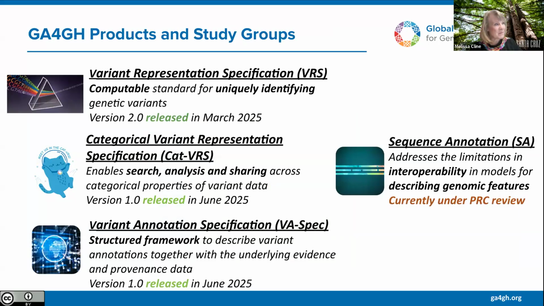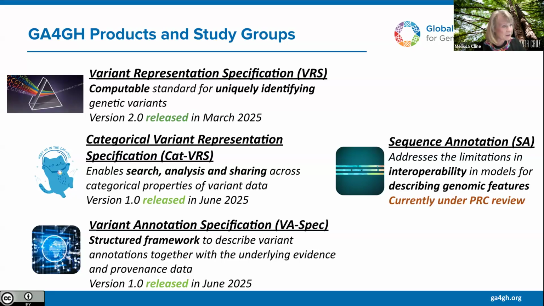The Variant Representation Specification, VRS, generates unique identifiers for finding genetic variants in remote databases. Version 2.0 was released in March and extends the functionality to structural variants as well as simple alleles and small indels.